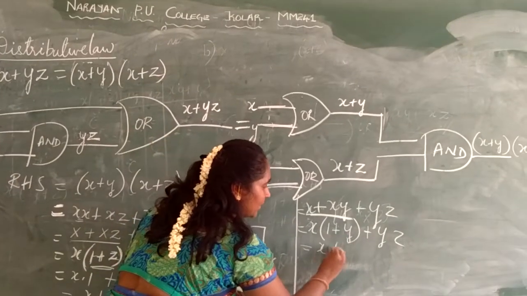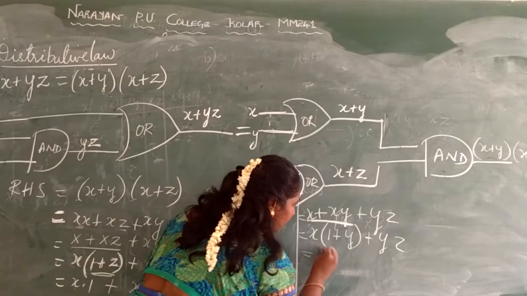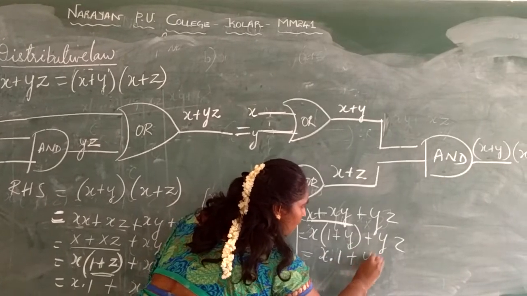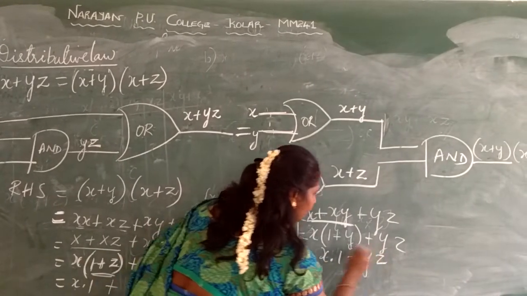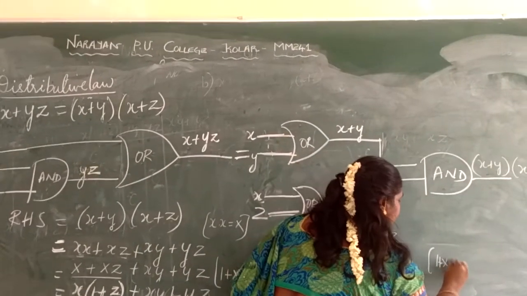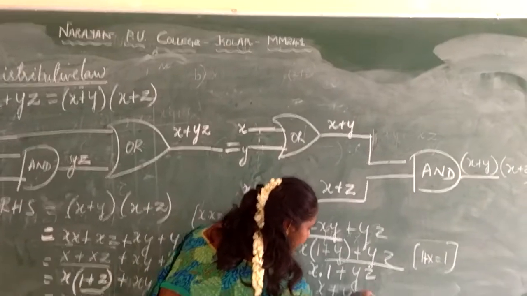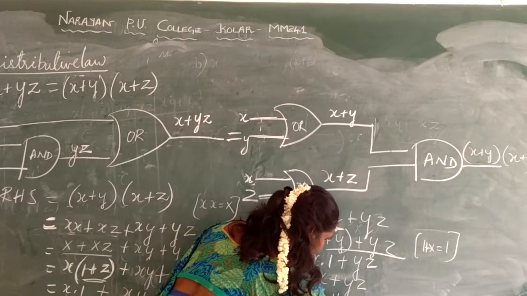So x into 1 plus yz. Here I am using the property 1 plus x equals 1. So x plus yz, that is nothing but your LHS.